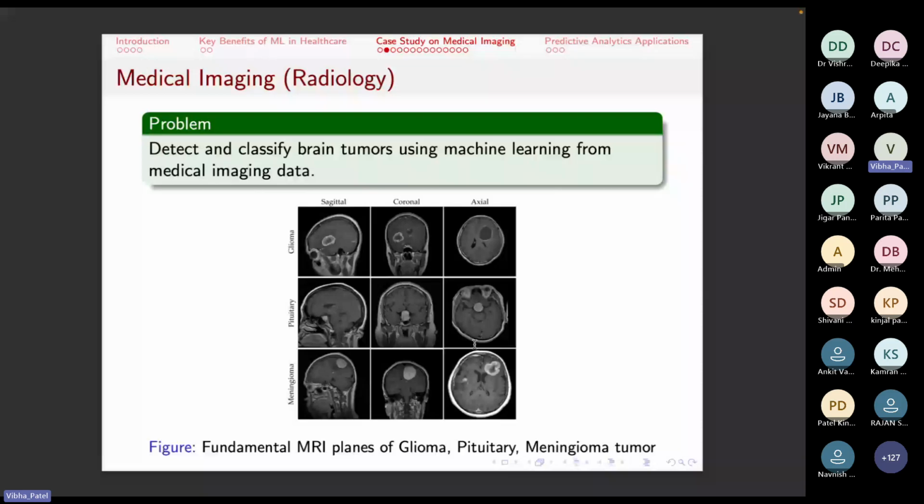Now, these are the three views that have been listed over here: sagittal, coronal, and axial view. This is something like orthographic projection, which you may have heard of. In first year, we studied projection: top view, side view, and front view. The sagittal view is the one in which you move from left to right.